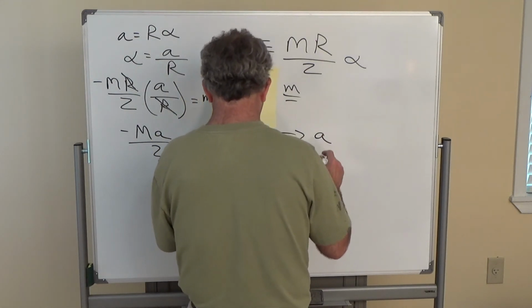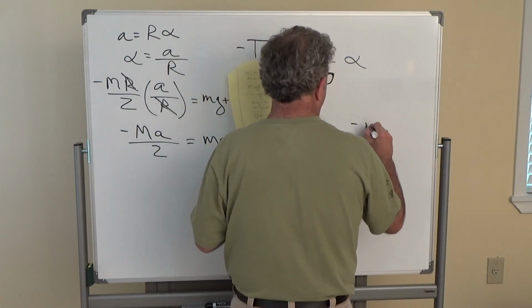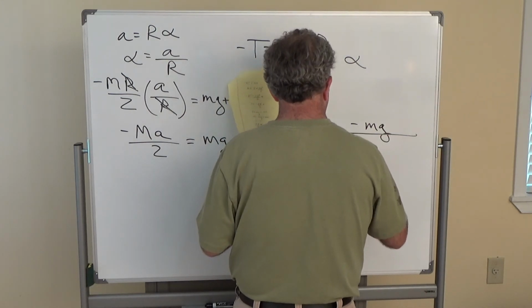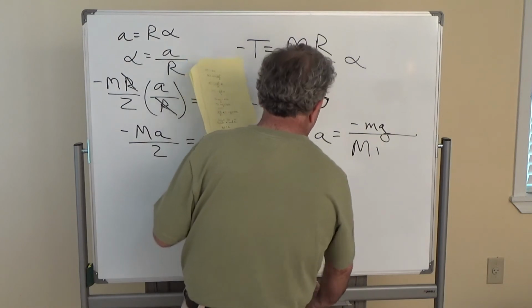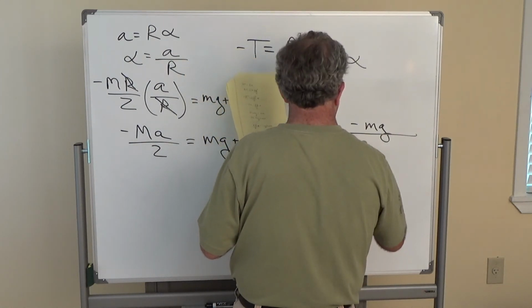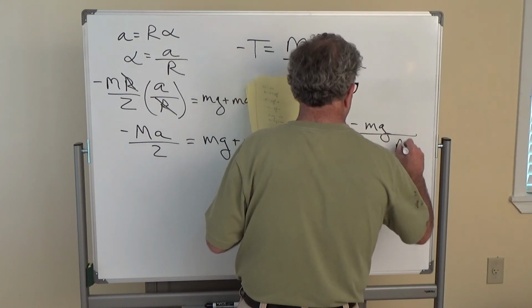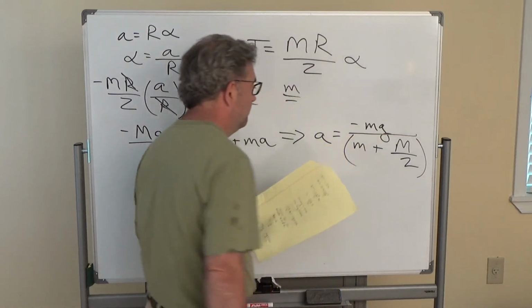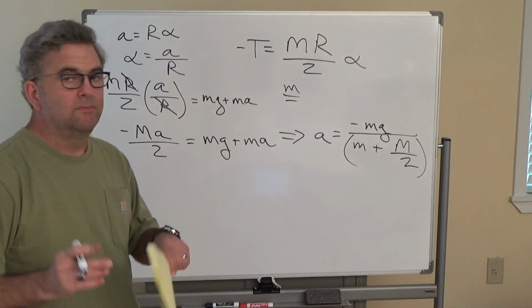So A is equal to minus mg divided by, not big M, divided by little m plus big M over 2. That's it.